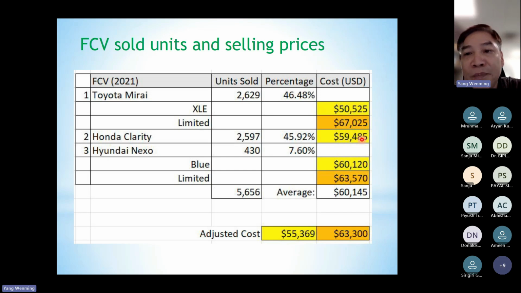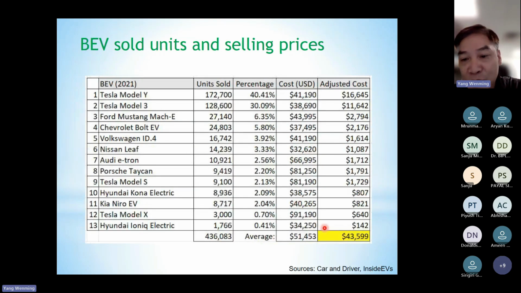It's almost the same. The next one is the Hyundai Nexo, and we can see the price is also quite close to the Honda Clarity. Here it shows the average price for fuel cell vehicles. If you compare with electric vehicles, the fuel cell vehicle is more expensive.